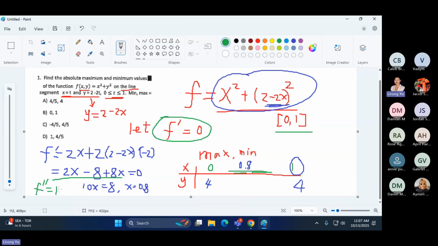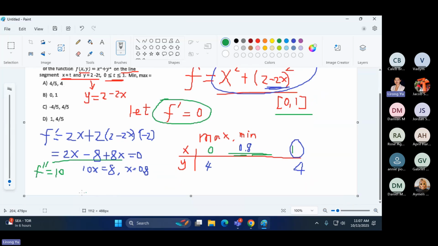It's equal to 10, so the second derivative is positive. That means the function is concave up, and we're guaranteed a minimum at the critical point. So the critical point 0.8 should provide the minimum, and this is actually the maximum.